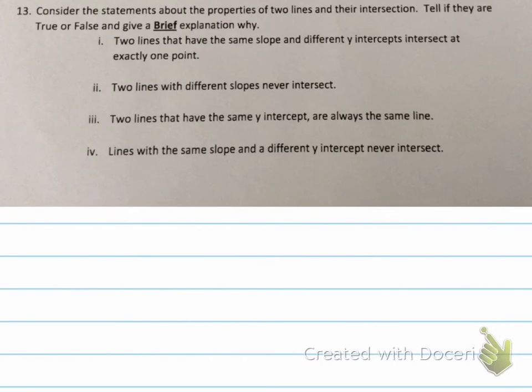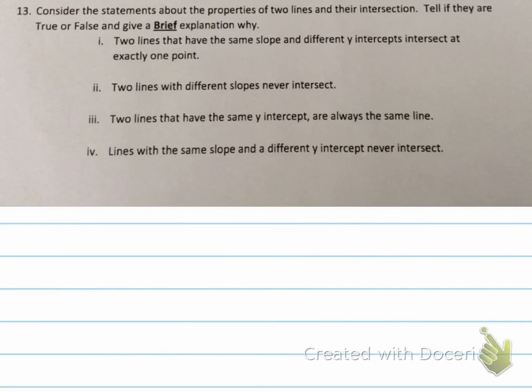Alright, consider the statements about properties of two lines and their intersection. Tell if they are true or false. Give a brief explanation why. Two lines that have the same slope and different y-intercepts intersect at exactly one point. Well, again, if you don't know, try this.